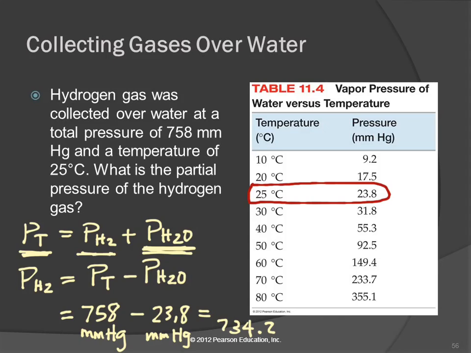It's in the last digit, right? That's in the ones place. In this one, the partial pressure of water, it's in the tenths place. But the ones place is a greater uncertainty, and so our answer has uncertainty in the ones place. So we're going to give this answer as 734 millimeters of mercury.